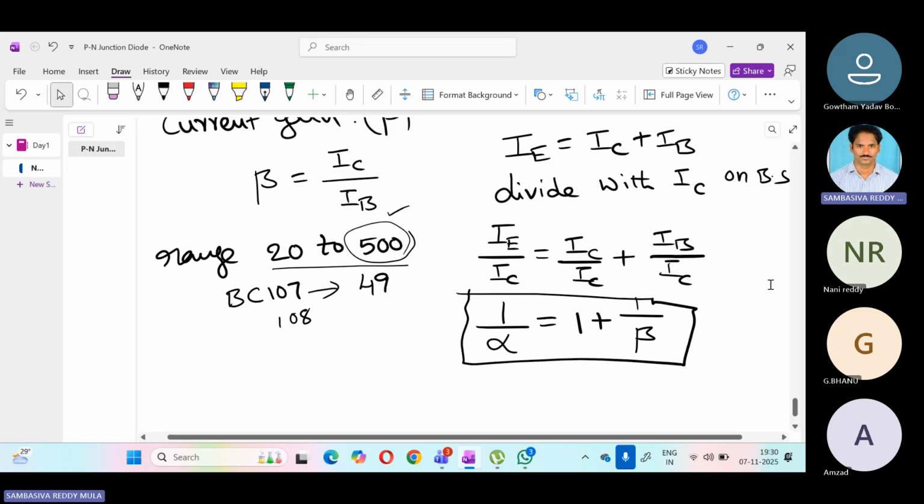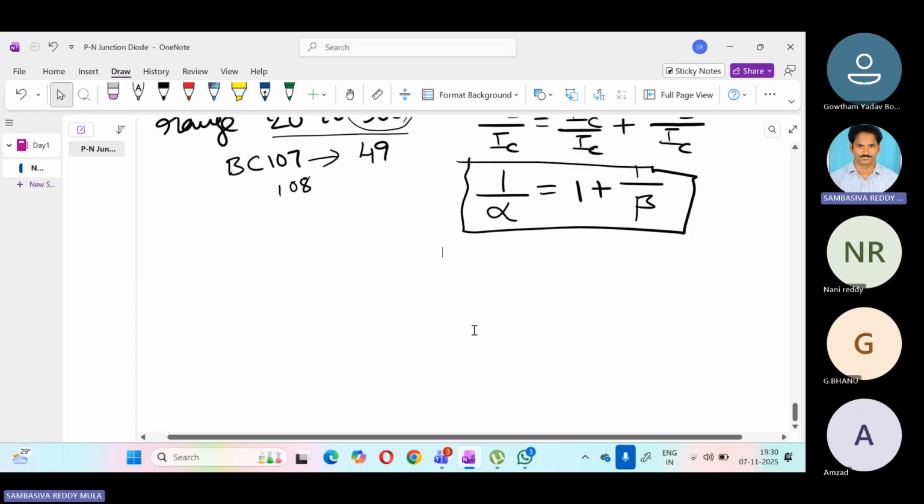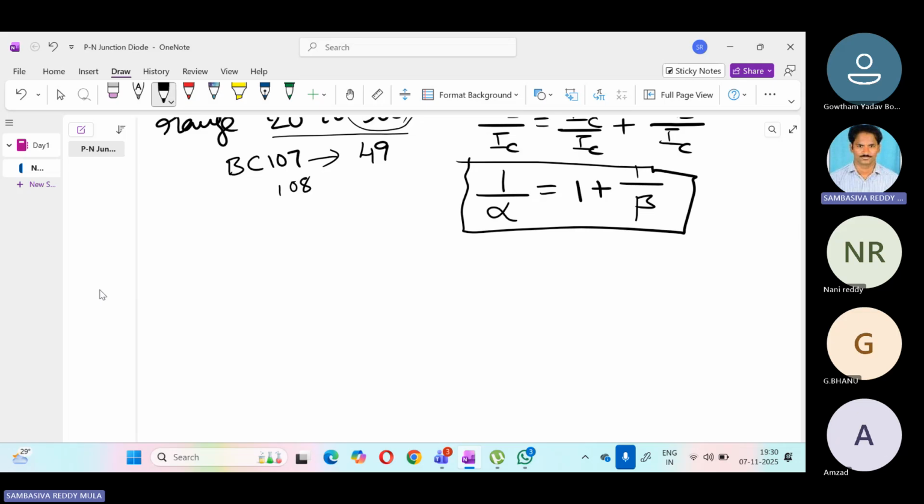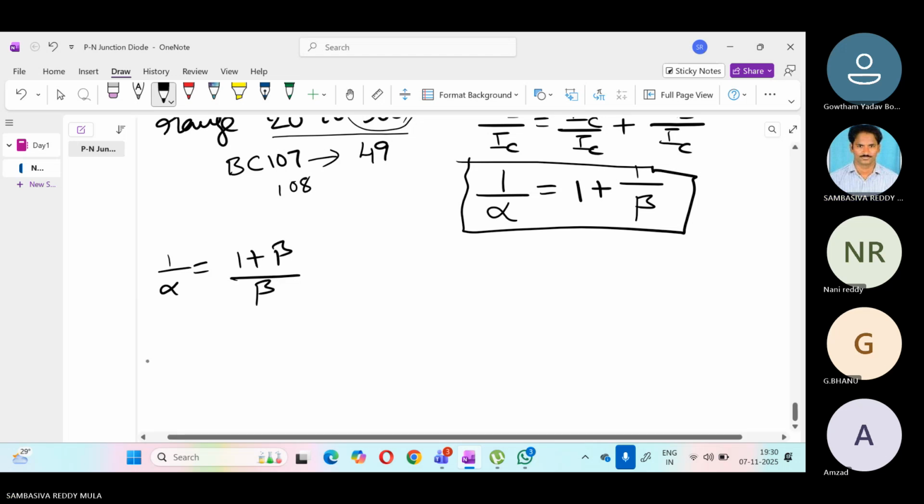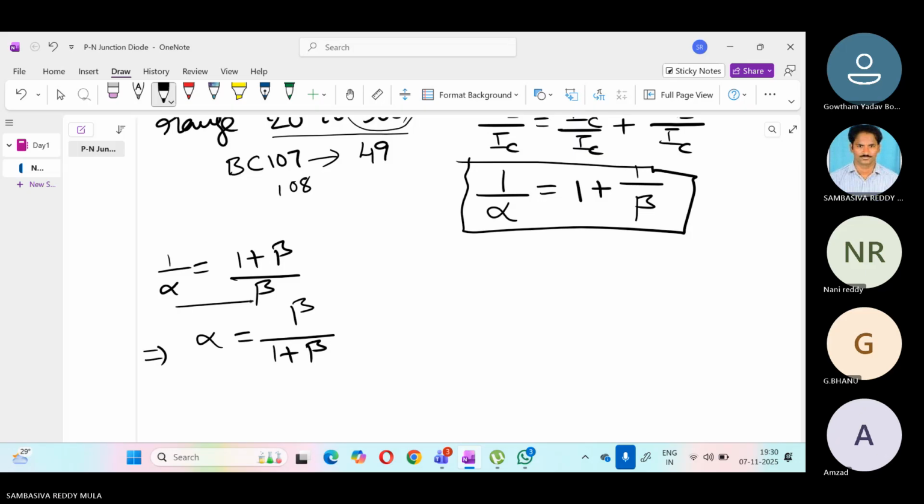This we can easily remember: 1 by alpha is equal to 1 plus 1 by beta. Or if you express alpha in terms of beta, take the LCM: 1 by alpha is equal to (1 plus beta) divided by beta. That implies alpha is beta divided by 1 plus beta.